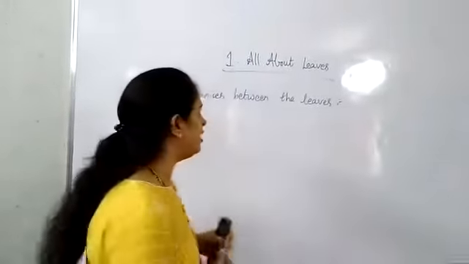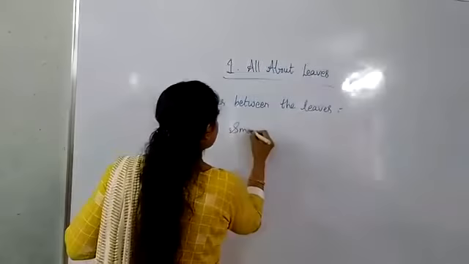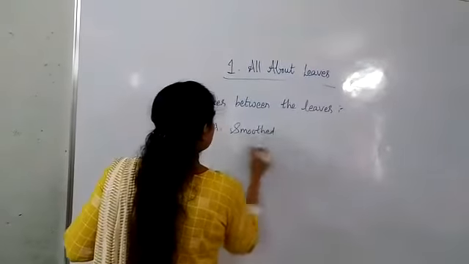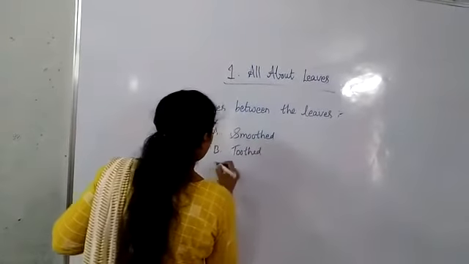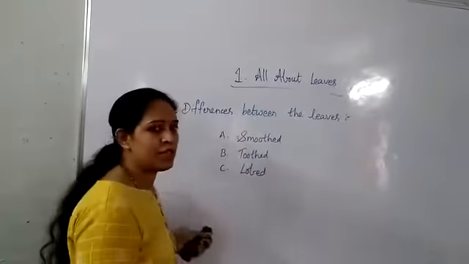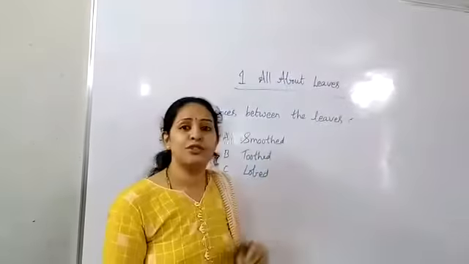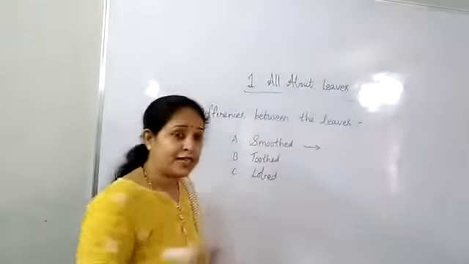3 types of leaf margins. What are those? Smooth leaf margin, toothed leaf margin, and lobed. I showed a few examples also in the previous class. So smooth leaf margin: the leaf margin is very smooth.